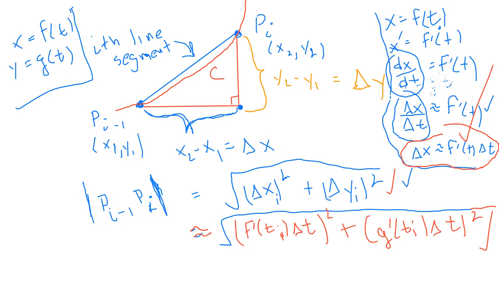Nathan asks, why is f prime of t only approximately equal to delta x over delta t? Well, one of the definitions of a derivative that you might have learned is that f prime of t equals the limit as delta t approaches 0 of delta x over delta t.